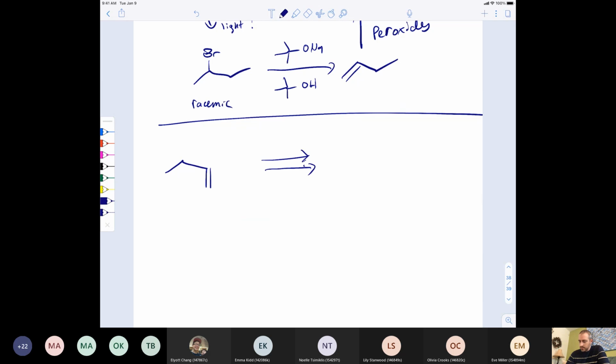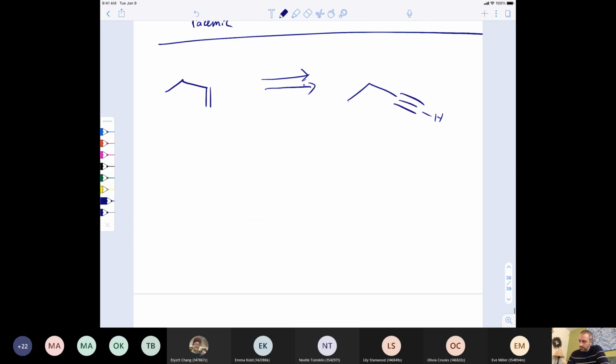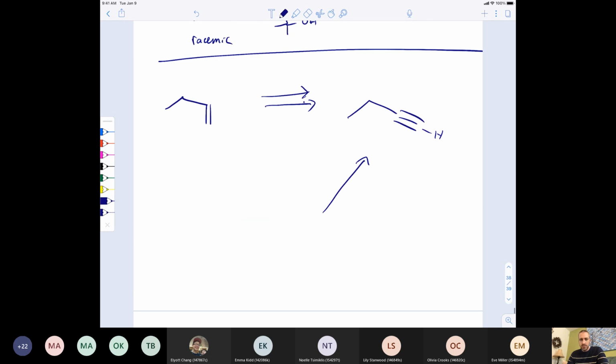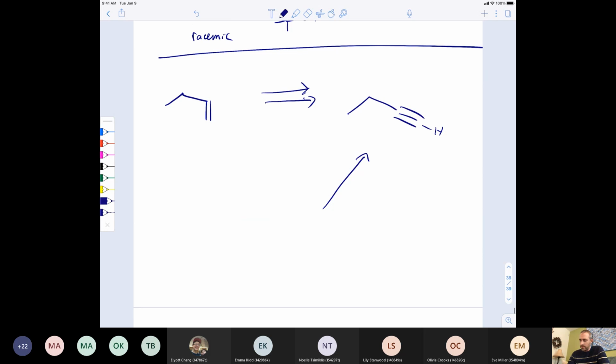Okay, multi-step. And again, there's only one reaction we know of that makes alkynes, if you don't start with an alkyne and you end up with one. Think of a compound like this.